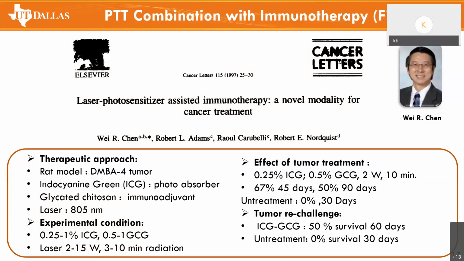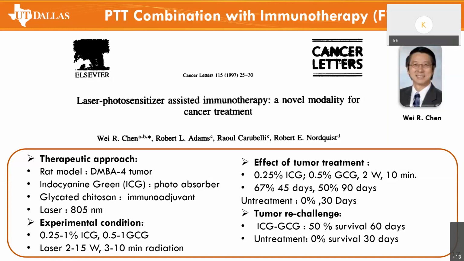They monitored tumor volume and survival rate of each group, and then they reported the optimized combination that is here. In this optimized condition, they show 50% survival after 90 days after treatment, while the control showed 0% survival in less than 30 days.